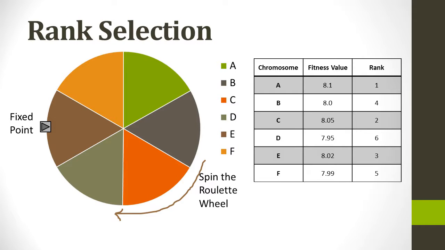Then, the next technique is rank selection. Rank selection also works with negative fitness values and is mostly used when the individuals in the population have very close fitness values.